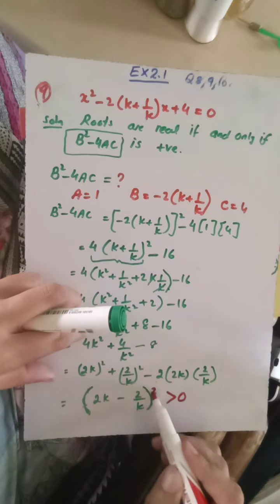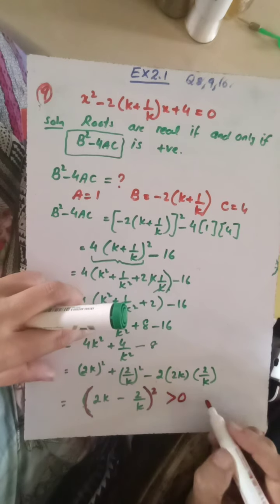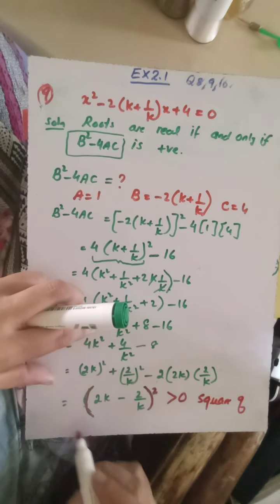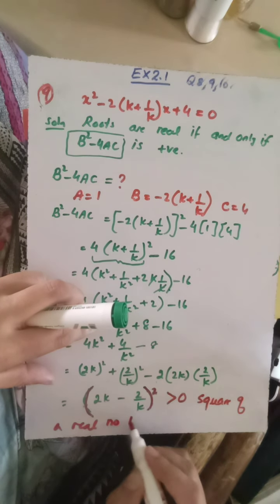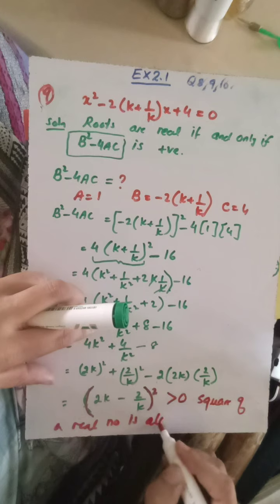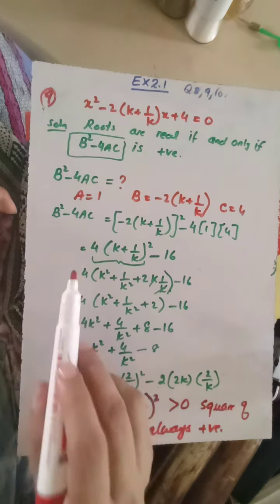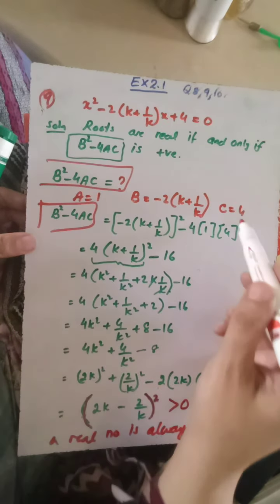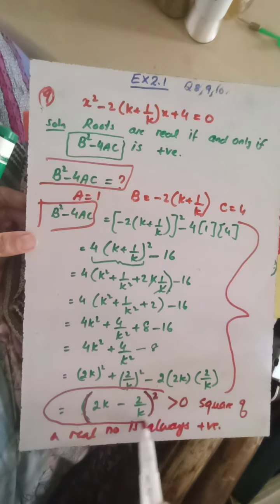Because square of a real number is always positive. So we have calculated the discriminant, and after doing all the calculation, we got a number which is always greater than 0.